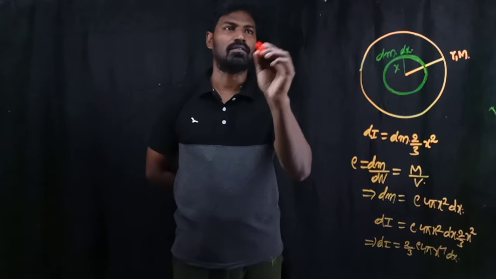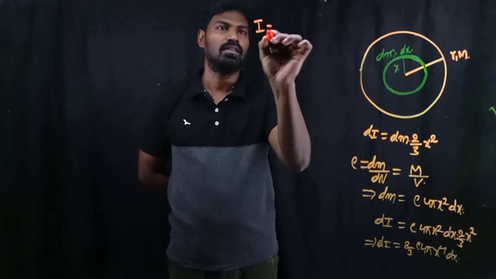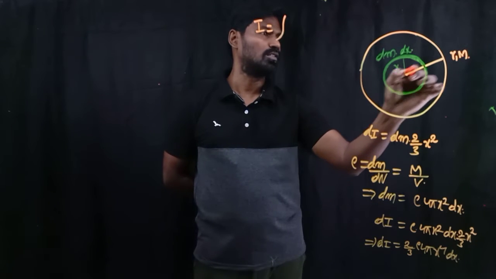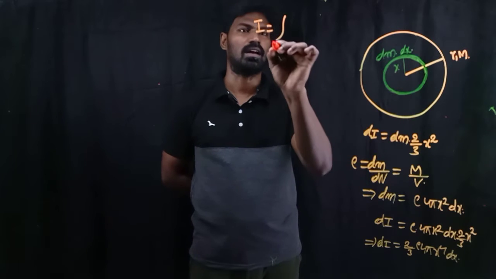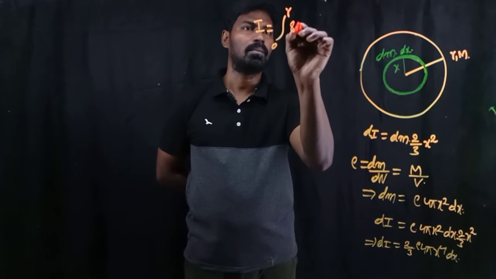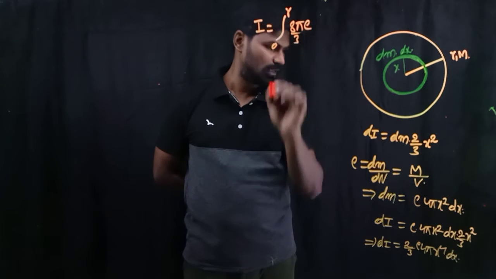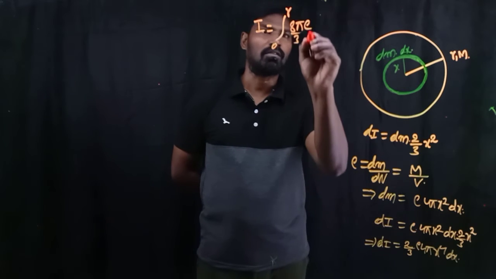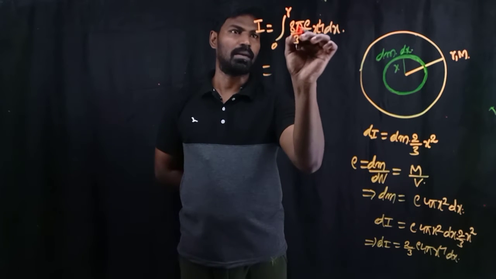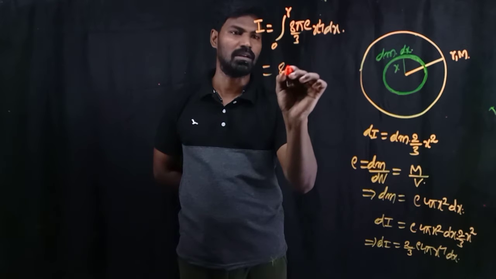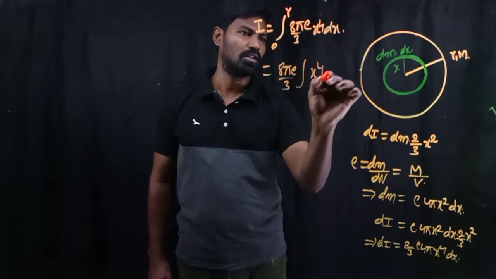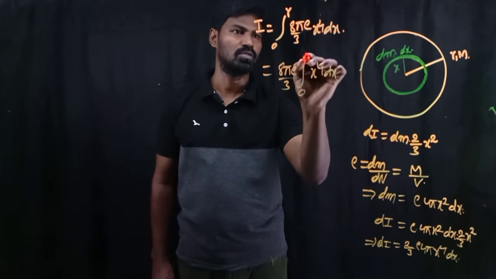To calculate the total moment of inertia of this sphere, I is the integral with x changing from 0 to r, by the time it reaches the outer edge, of 8 pi rho divided by 3 into x to the power 4 dx. Everything is constant, so pull it outside the integration.